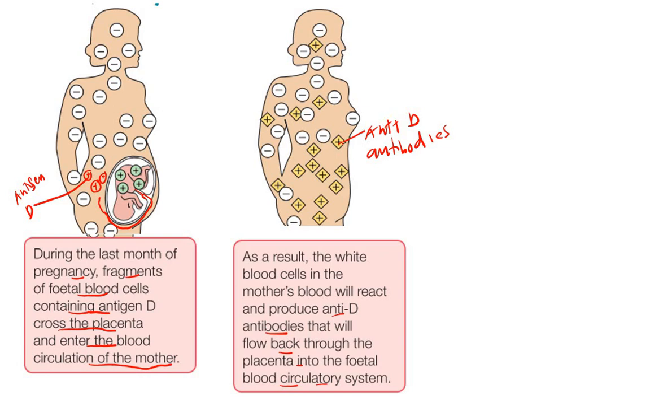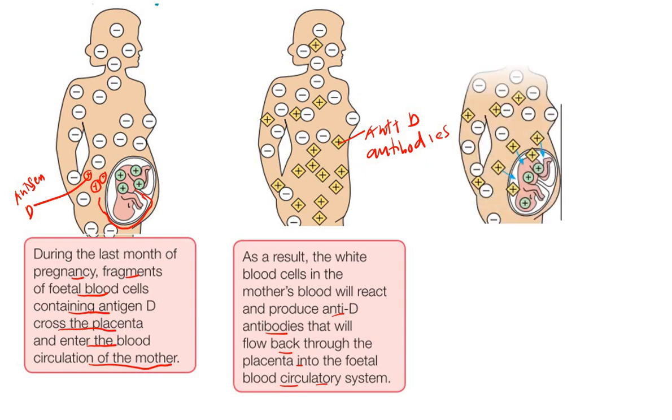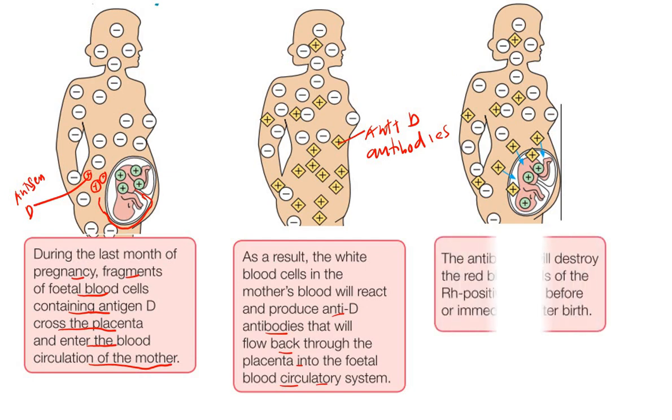So in this case, the mother will produce anti-D because the fetal blood contains antigen D. This antibody will later flow back through the placenta into the fetal blood circulatory system.